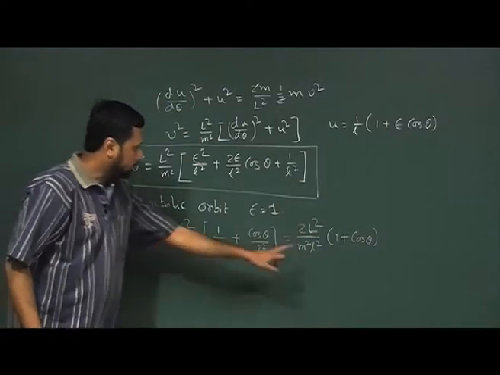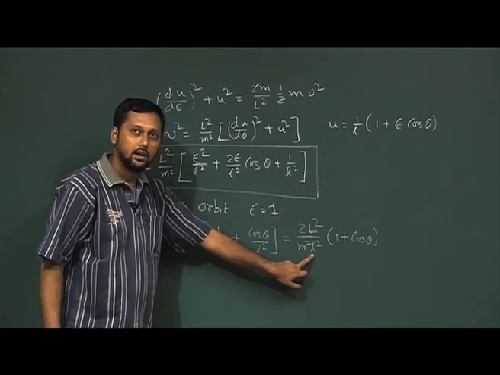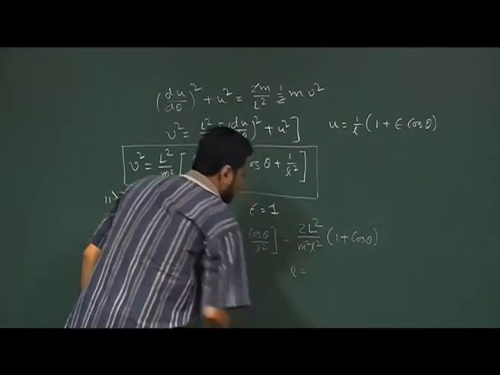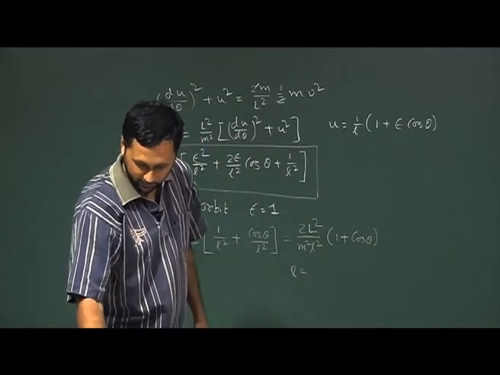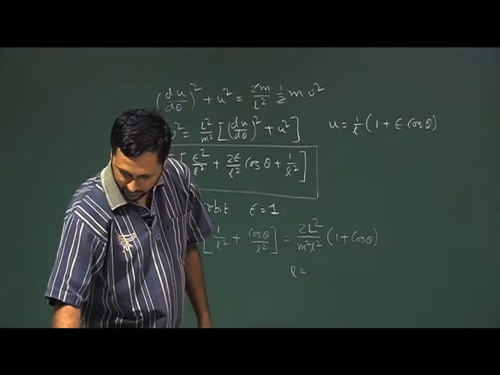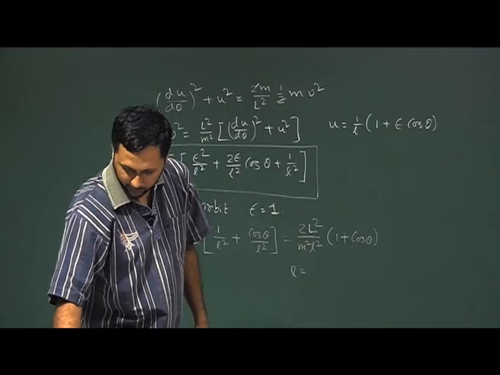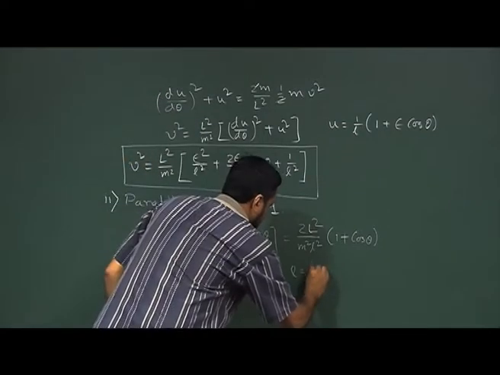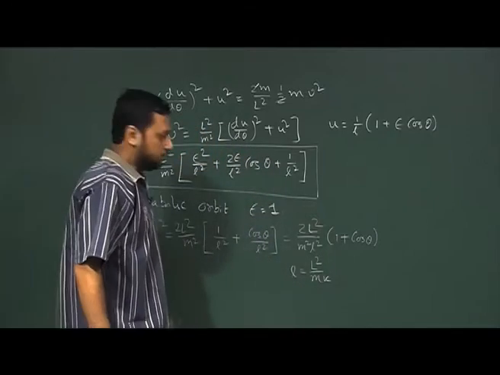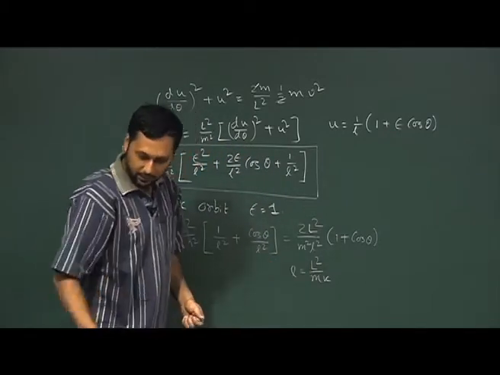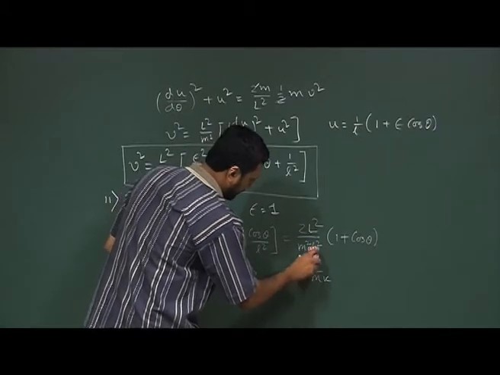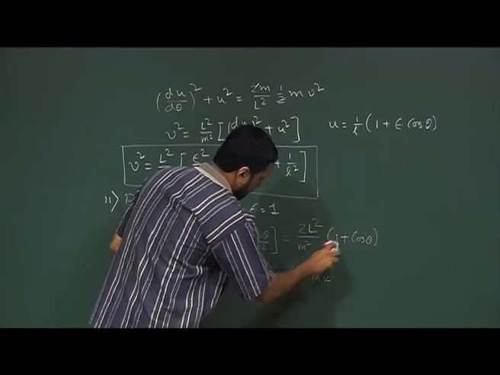Now it is time to substitute for small l. You remember this expression for small l, it is L²/(mk). If you do the substitution here, then it will be L⁴ over m²k².